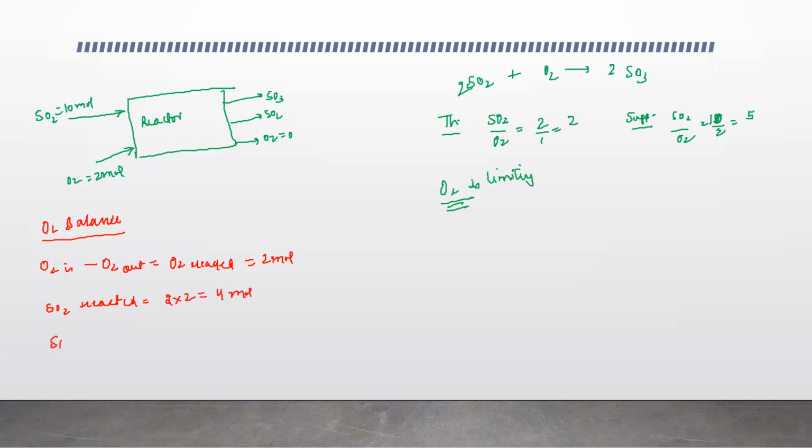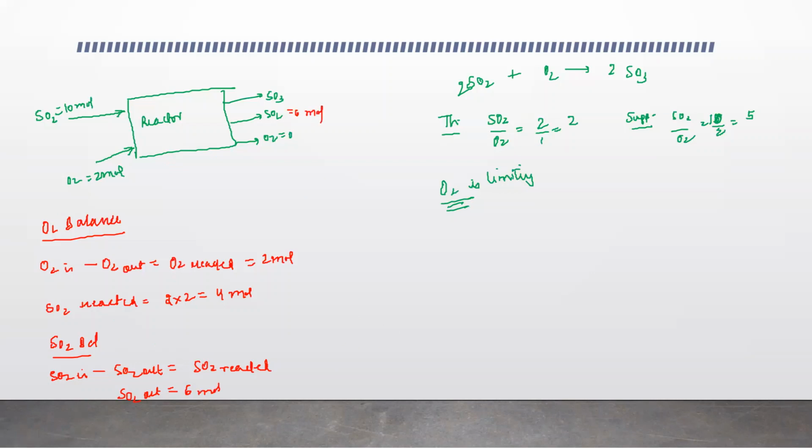Now when we form the SO2 balance, SO2 in minus SO2 out is equal to SO2 reacted. SO2 reacted is 4, SO2 in is 10, so you'll get SO2 out as 6 moles.